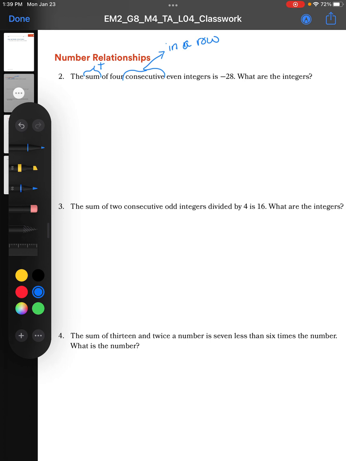What are the integers? So we're going to start by just choosing a variable. We'll just make it nice and easy and choose x. So we're going to write a little statement defining that x. We're going to say let x represent the smallest even integer.